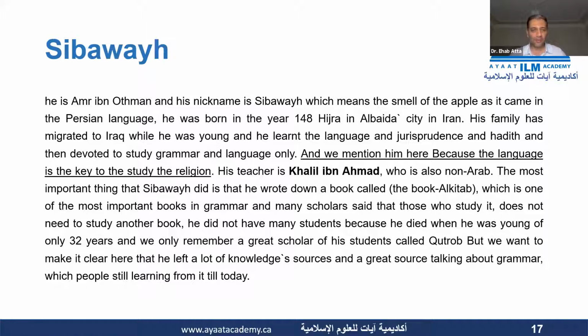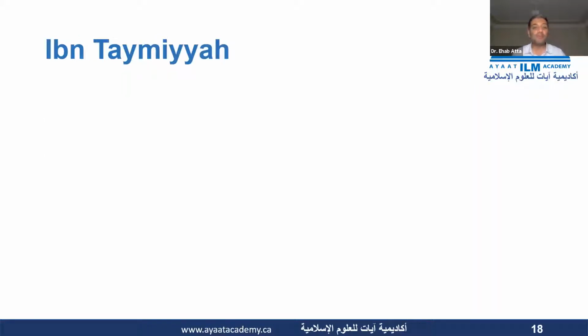Look, we are talking about Sibawayh, who is not an Arab, and he invented in a branch of Arabic, which is grammar, a very hard branch of Arabic, and he wrote one of the important books in this branch. So after Imam Bukhari, we learned about Sibawayh in grammar, and now we will go to Ibn Taymiyyah.